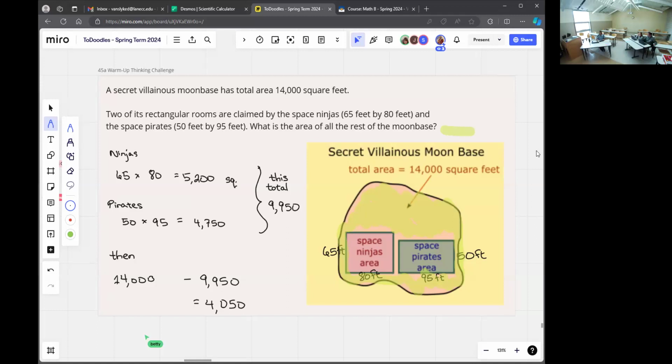So you could do all of this without labeling things as you go. But just for the sake of completeness, I'm going to remind myself that feet times feet is square feet. Some people like using this notation, which is sort of just a cleverness. An exponent of 2 means squared, so we're gonna make it square feet.